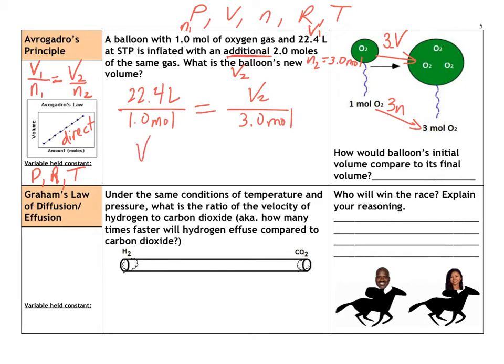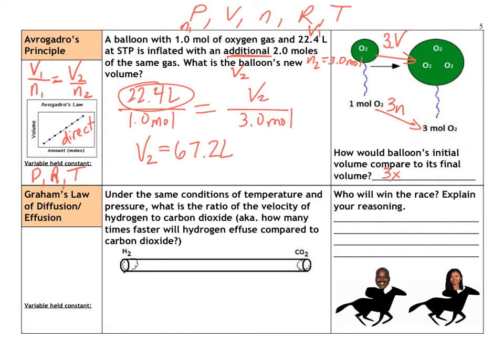And so what we should expect to see is this value right here tripling. And that's precisely what happens. You get 67.2 liters in the end. And so how does the balloon's initial volume compare to its final? It became 3 times the volume.